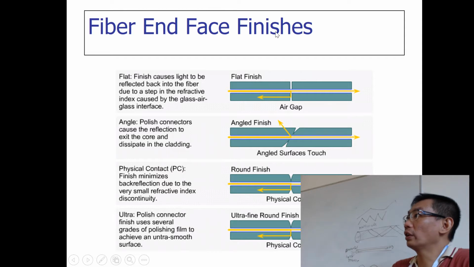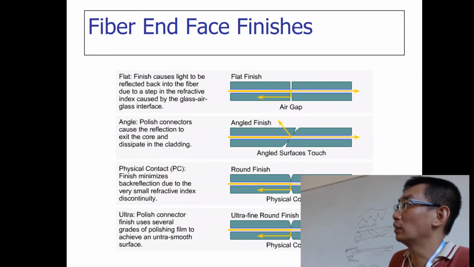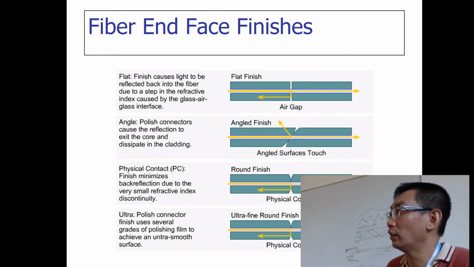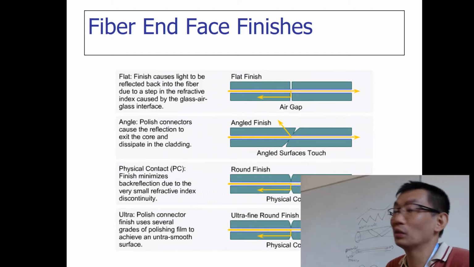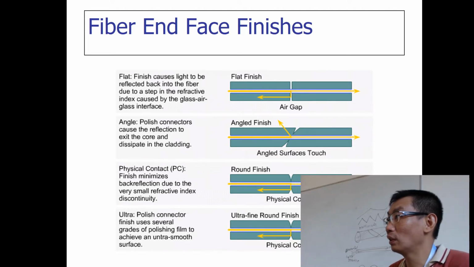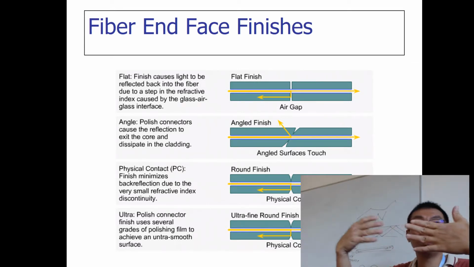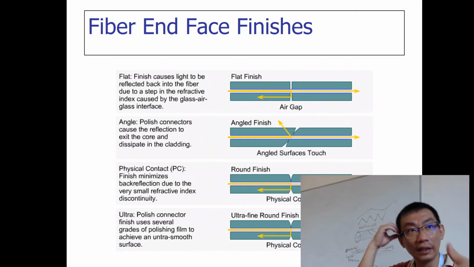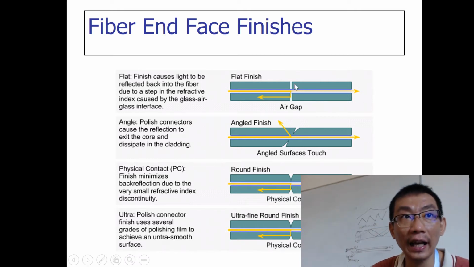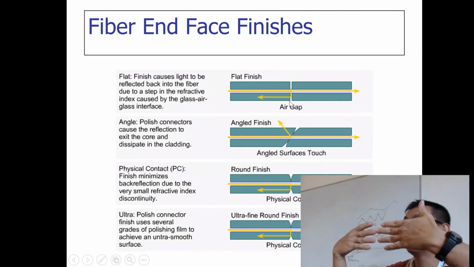When you want to connect the fiber, you have to cut it, and then only you can connect, isn't it? So you have two fibers, you have to join them. Once you join the two fibers, they will have an air gap in between. If you are flat finish, there will be an air gap.